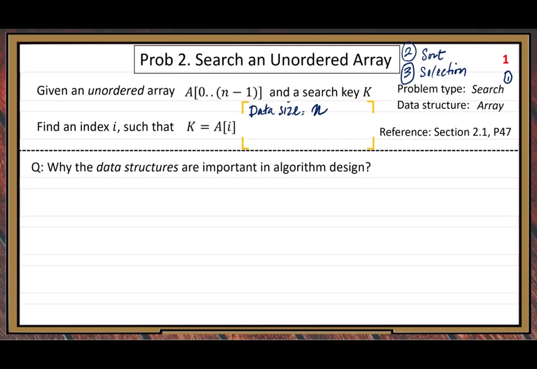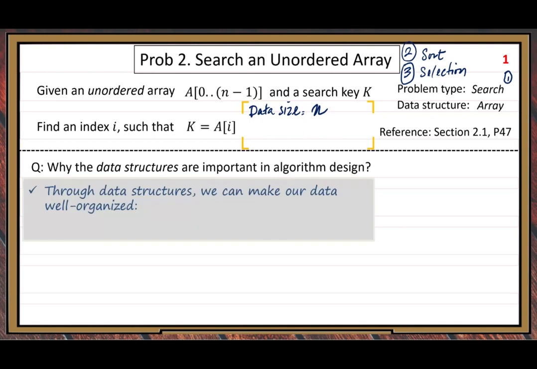The reason we need to choose appropriate data structure in our problem solving is that through data structures, we can make our data well organized. Here you can see we address that important objective. Make our data well organized. If the data is not organized well, distributed in some random way, then it's not easy to find the data you want.